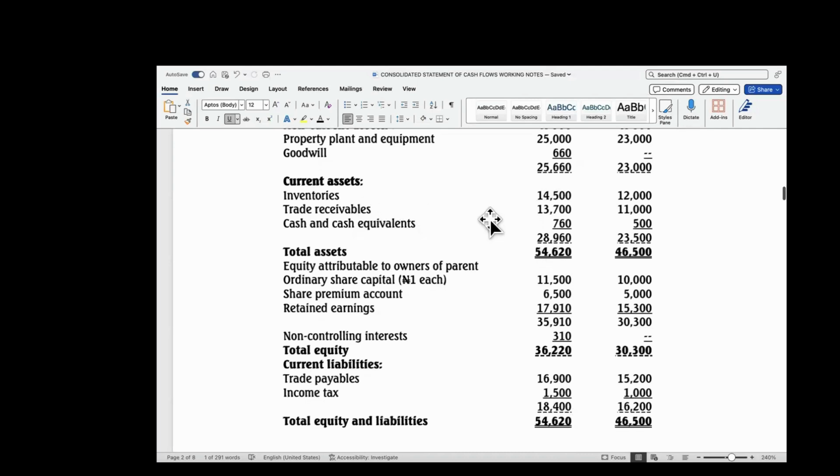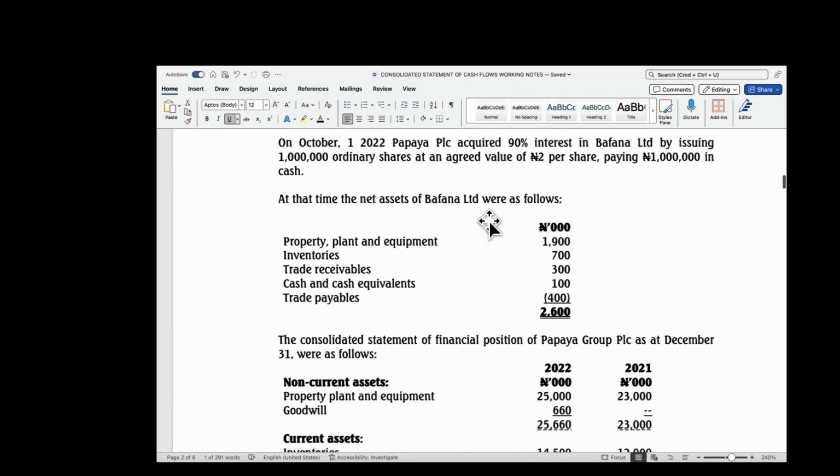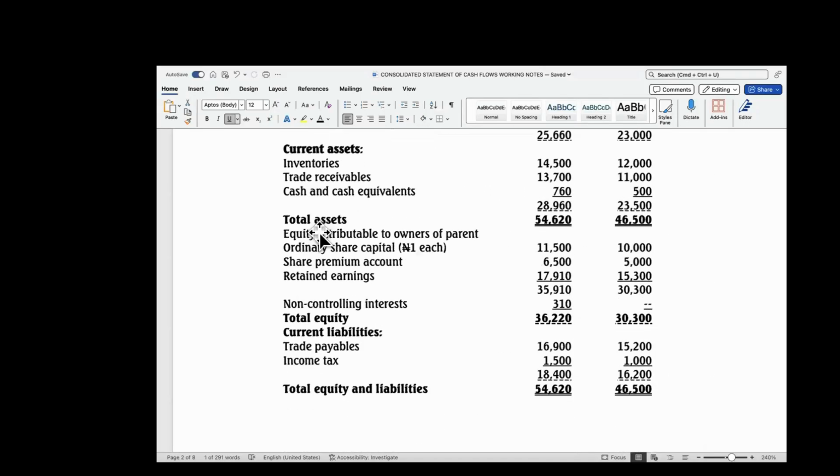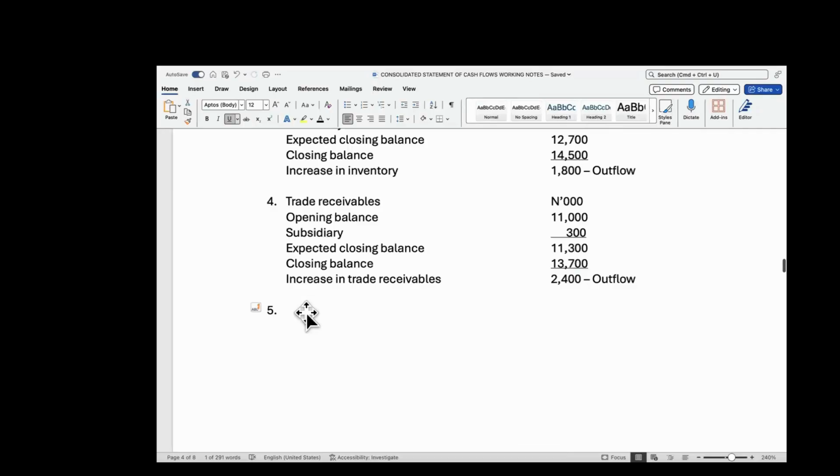So receivables, we have looked at receivables as well. Then share capital. There's the share capital here, and there's the share premium here. So let's do the movement for that.